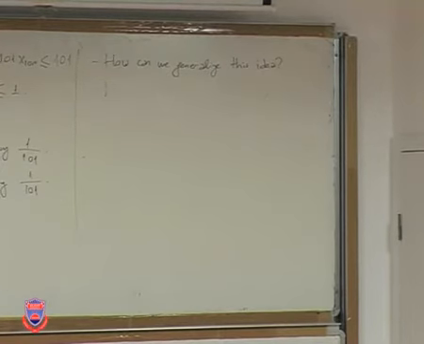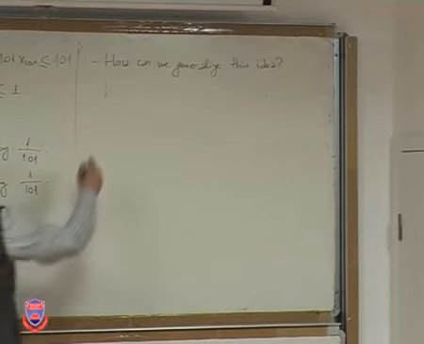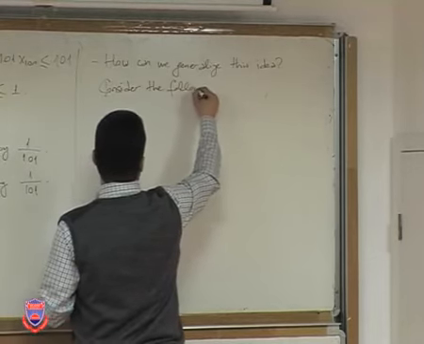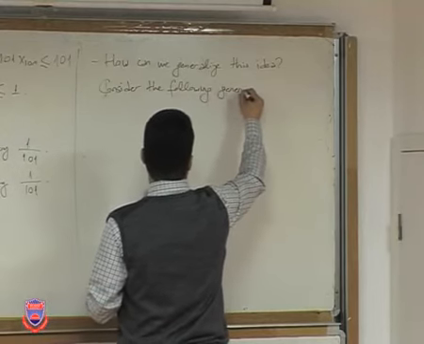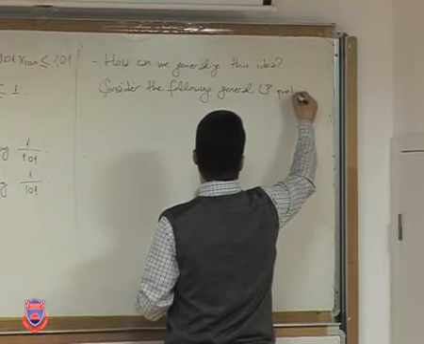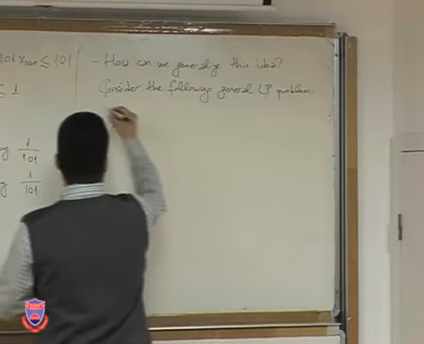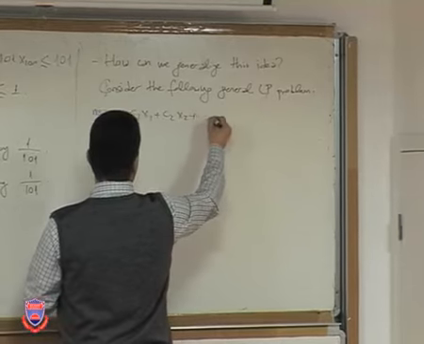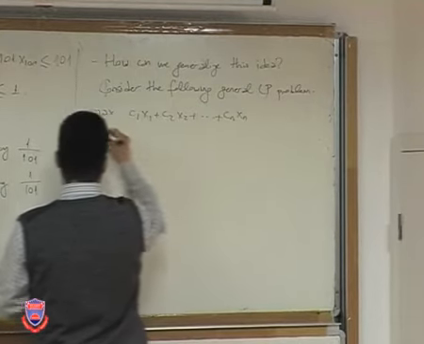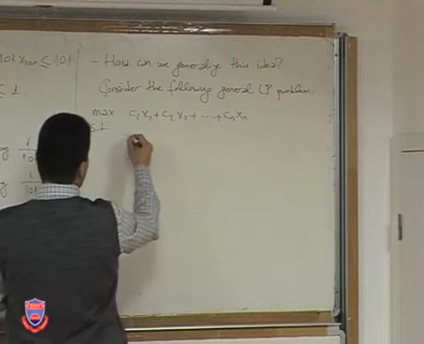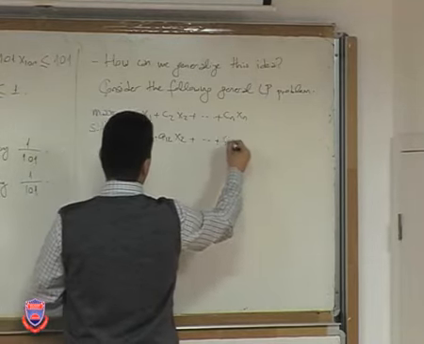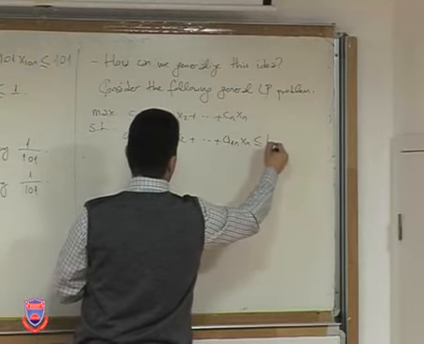For that, I'm going to look at the general LP problem. Let us consider the following general LP problem. Suppose that I want to maximize C1x1 plus C2x2 all the way up to Cnxn. Then I have my constraints given by A11x1 plus A12x2 all the way up to A1nxn less than or equal to B1.